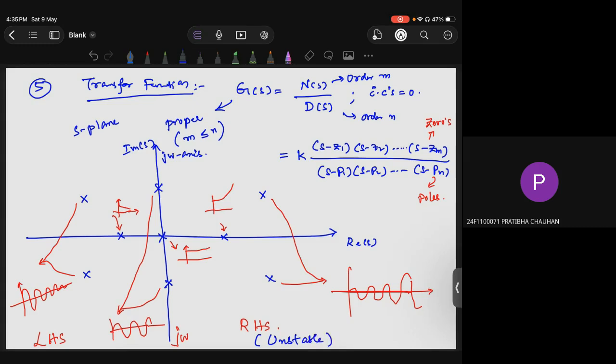LHS, we say stable region. On the j omega axis, we say marginally stable. So based upon the transfer function, we define poles and zeros, and based upon the pole location, we decide the stability of the system. So that is another concept.